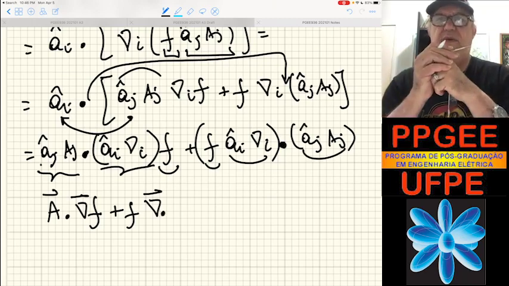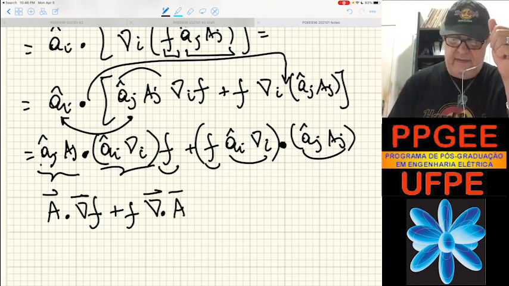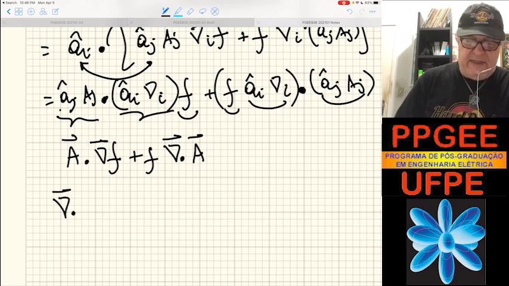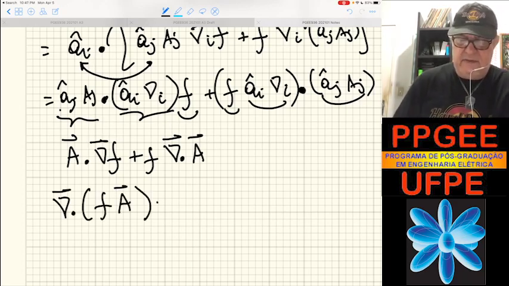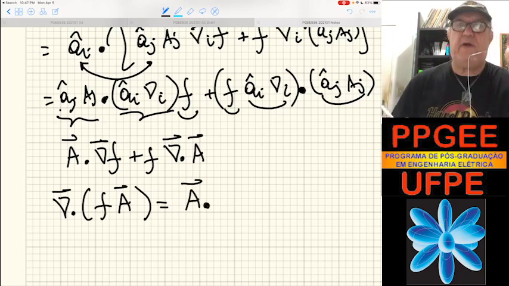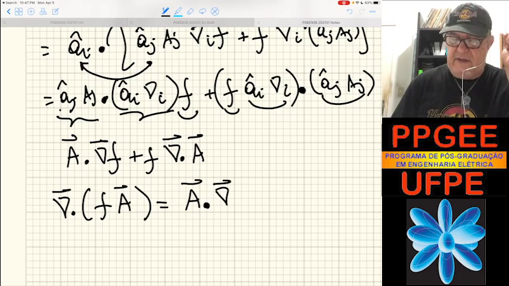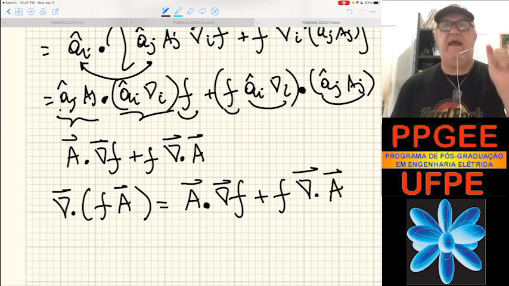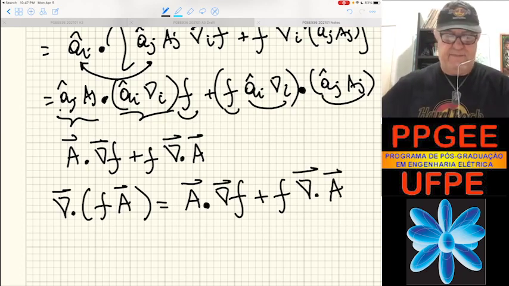The sum over j from 1 to 3 equals A. So that's the chain rule that we have: the divergence of a function times a vector equals the dot product of A with the gradient of the function plus the function times the divergence of A, right?